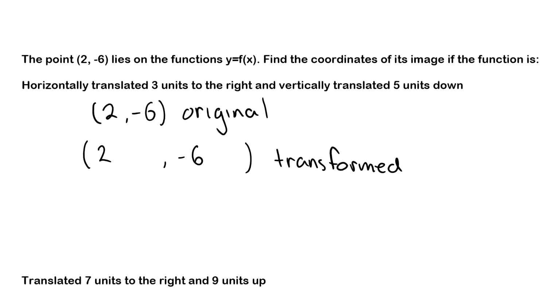We know that it's been horizontally translated 3 units to the right, so we add 3, and we know it's been vertically translated 5 units down, so we minus 5 from our y coordinate. So our new coordinates are (5, -11).